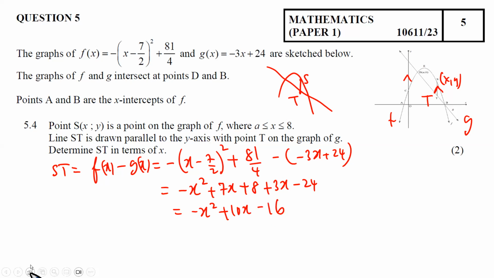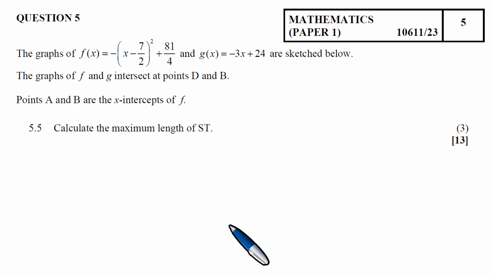So we have learned, therefore, that ST is minus x squared plus 10x minus 16, and that is the answer. Because we are to find ST in terms of x, ST is now an expression in terms of x written as an equation. We move to the next question, please.